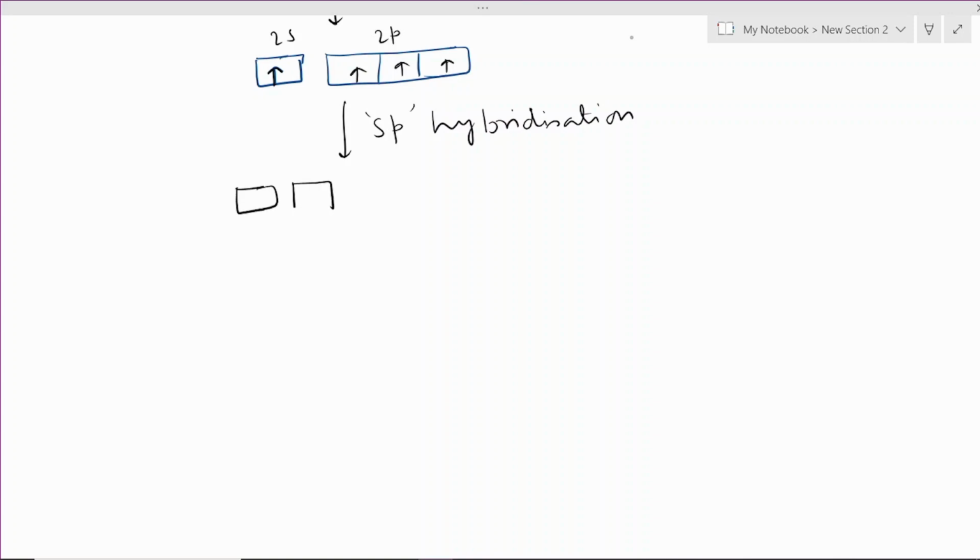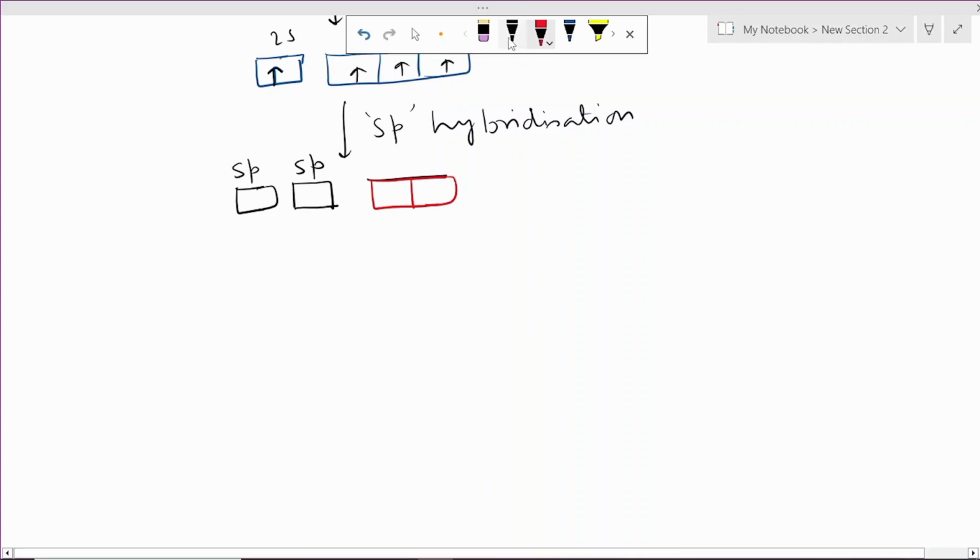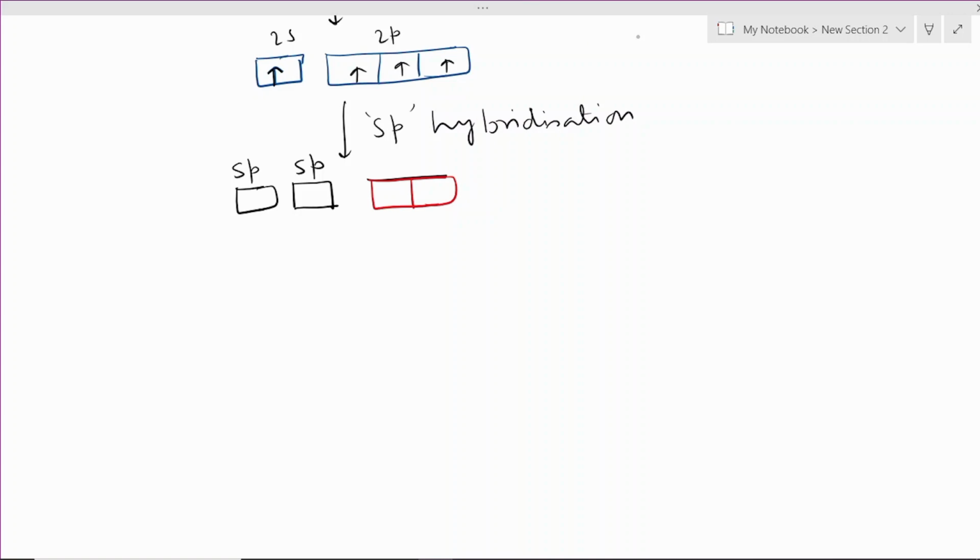So here it is sp and it is sp. Two sp hybrid orbitals are there. Remaining two orbitals are 2p orbitals. So here will be 1, here will be 1, and remaining 2 electrons are there, in 2p.